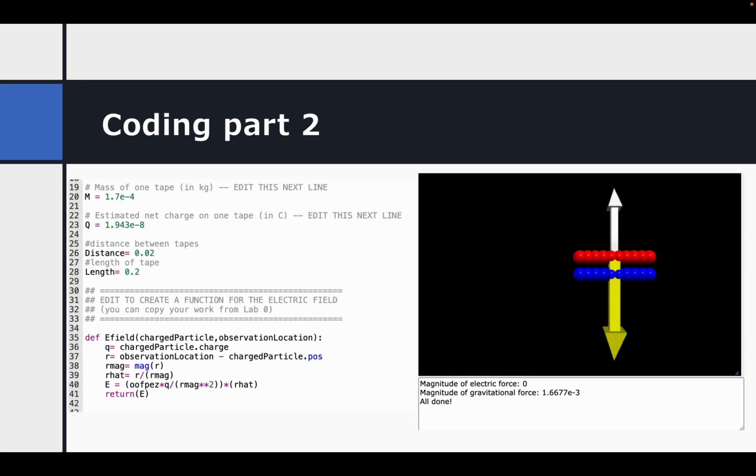In the second part of the code we're trying to create a function for the electric field and trying to find the net electric force on tape B, and finding the gravitational and electric force on the right. We see the output, and we know that these two forces are similar but not exactly equal to each other, which is likely due to the errors that we made during the experimental procedure.